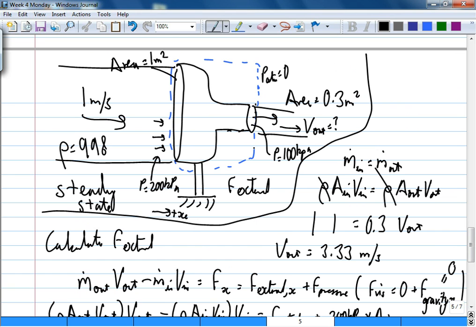Is that right? It must be considered. But since the pressure is 0, if you miss that out, that's okay. But by right, this area needs to be considered, because this area is the same as this area. So this area is A out, this area here is A in minus A out.